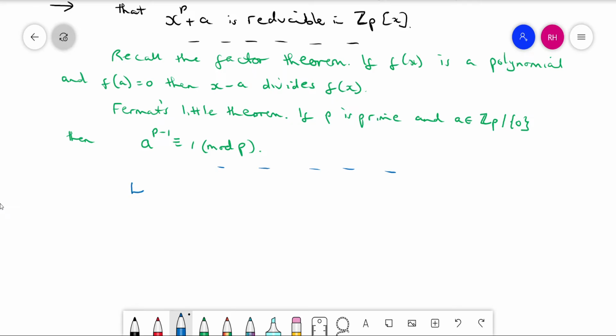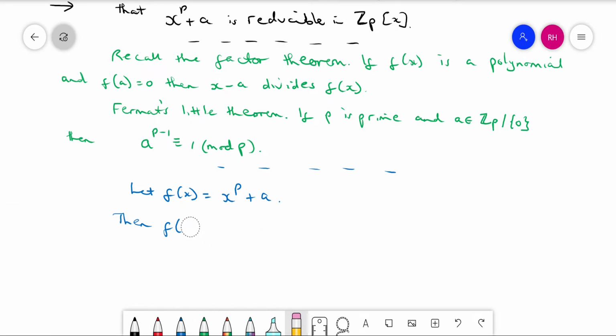So let f(x) equal x to the p plus a. Then f(a) equals a to the p plus a. Let's make it f of minus a, I think would be better.